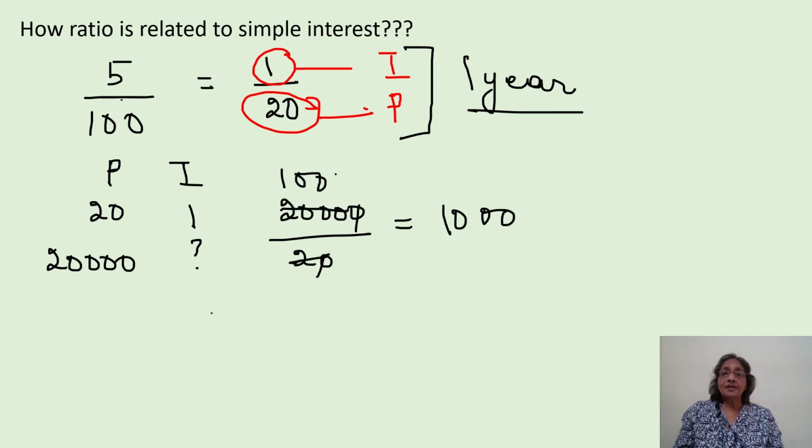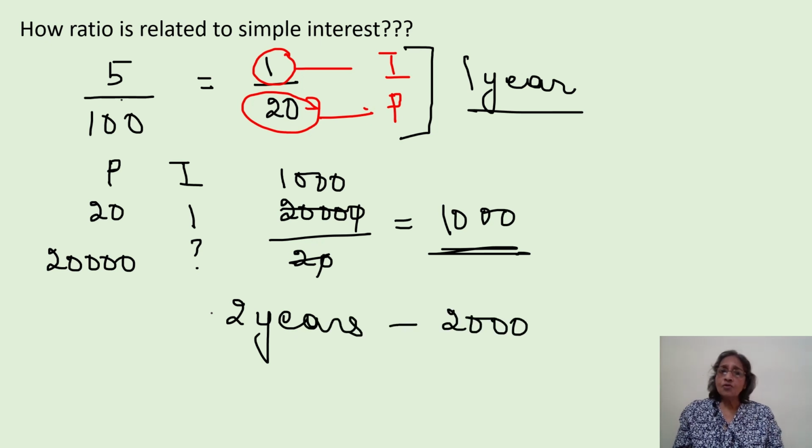Now mind you again, this 1,000 is only for 1 year. So for 2 years, the simple interest would be 2,000. So now you have three methods how you can solve your problems. One, by using the formula. Two, by using percentages. And three, by ratios. Depends on you and depends on the problem. Whatever you are comfortable with, do it that way.